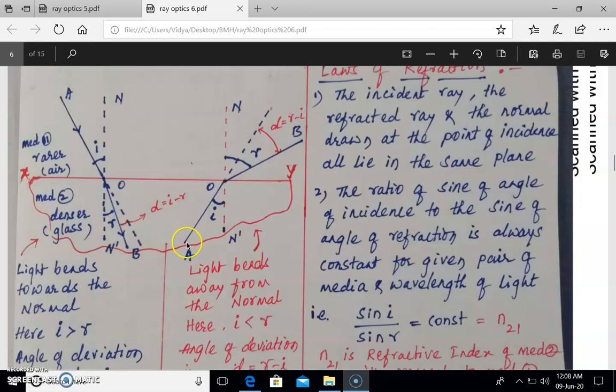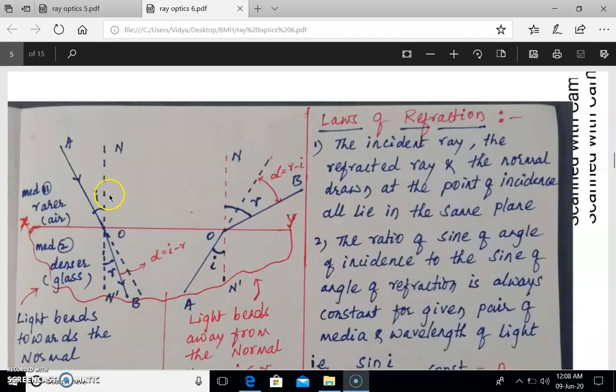If light is advancing from denser medium to rarer medium, after refraction the light bends away from the normal drawn at the point of incidence. Here NO dash is the normal drawn at the point of incidence, that is O.